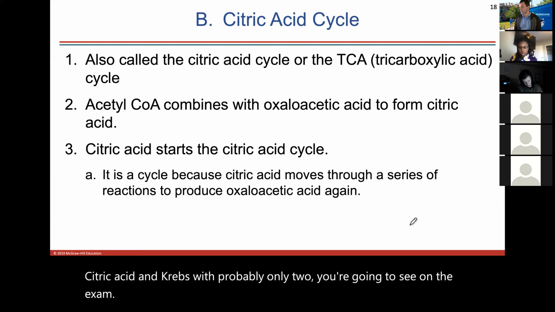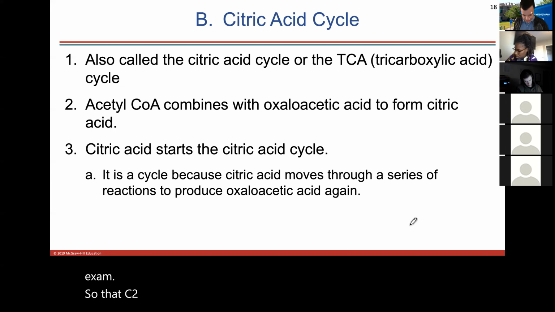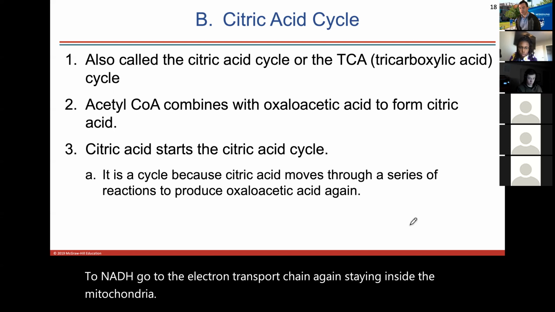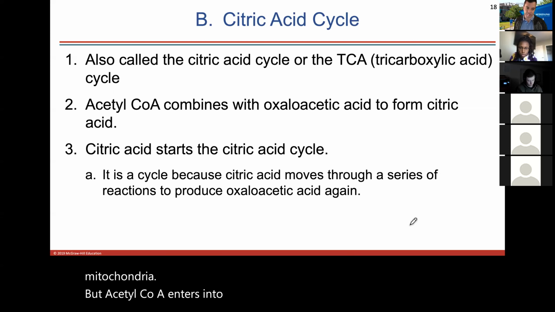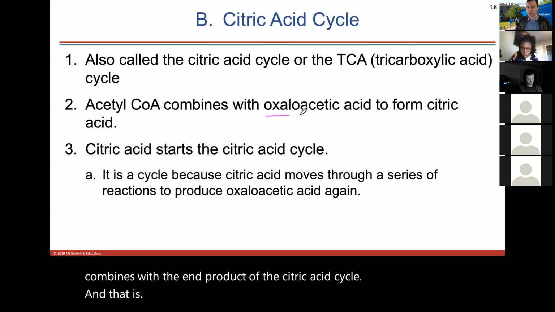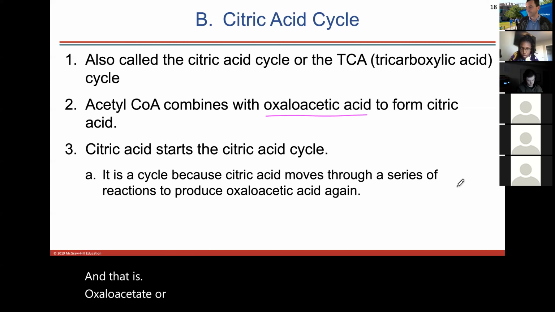So that CO2 gets removed from the cell, it's waste. 2 NADHs go to the electron transport chain, again, staying inside the mitochondria. But acetyl-CoA enters into Krebs cycle or the citric acid cycle. Acetyl-CoA combines with the end product of the citric acid cycle, and that is oxaloacetate or oxaloacetic acid.